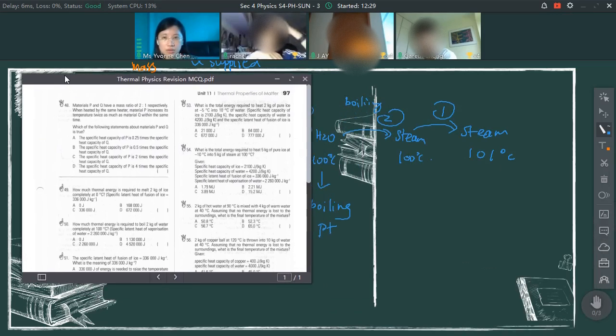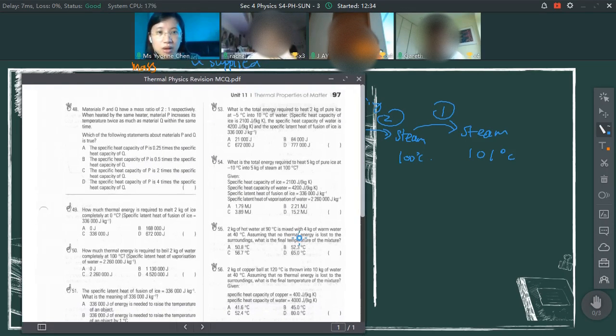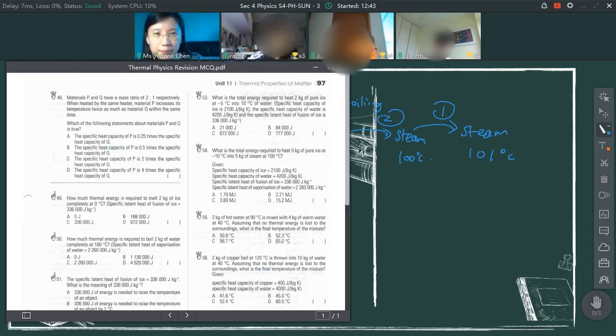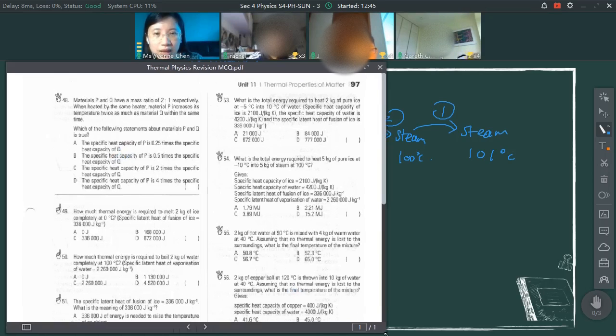Okay, just a quick check. Have you all printed this out? If you have another device, for example a handphone downloaded with ClassIn, you can also refer to it if you don't want to print it out. But I'll suggest you print it out and do the working on it.